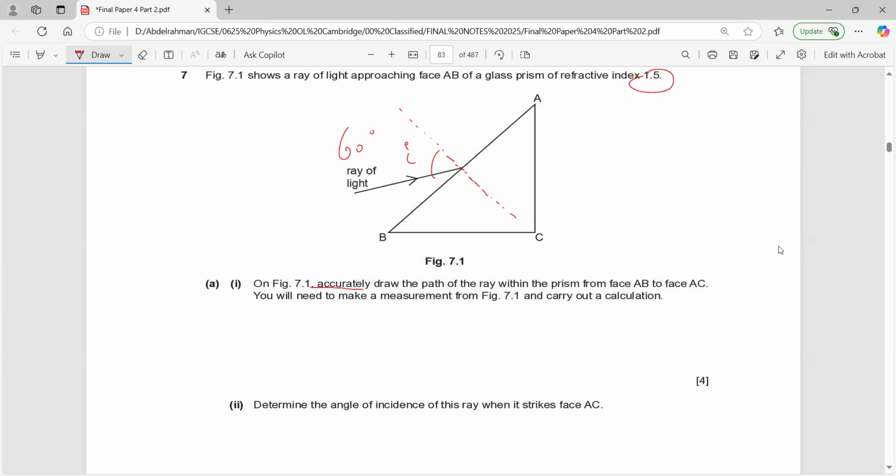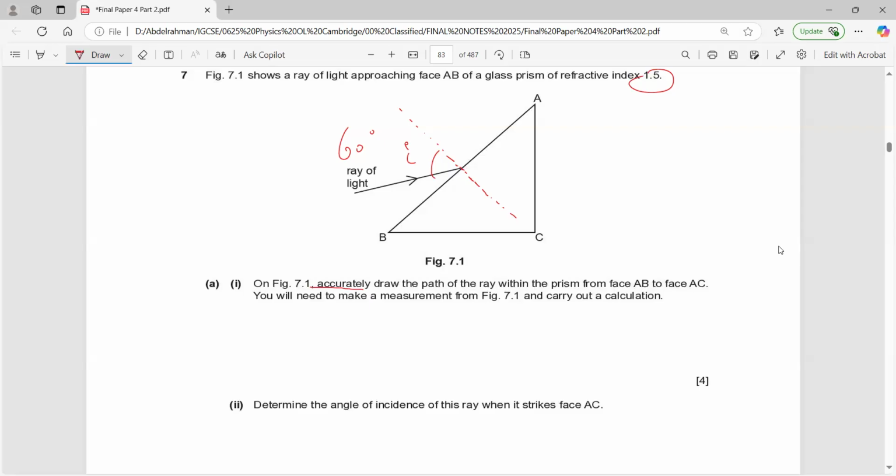I is 60. As the light refracts while entering from side AB, what will happen to the light? It will refract. Definitely the angle of refraction would be less. Using the equation N equals sine theta A over sine theta M, can I find theta M?